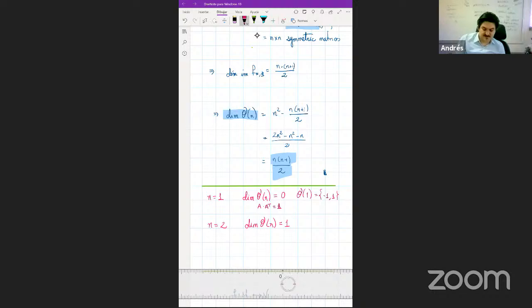This has dimension 1. We have said several things about manifolds of dimension 1. Do you remember? I have said what are all the manifolds of dimension 1.